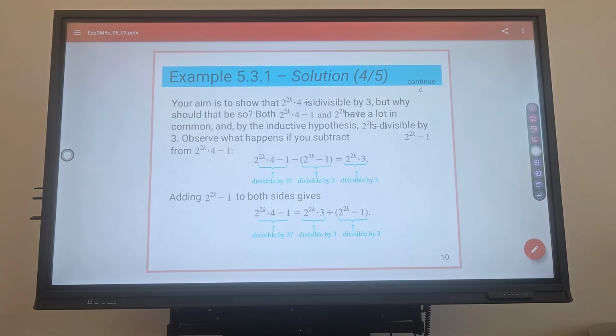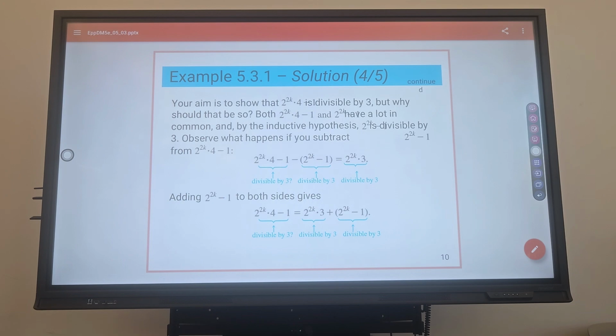Both 2 to the 2k times 4 minus 1 and 2 to the 2k minus 1 have a lot in common, and by the inductive hypothesis, 2 to the 2k minus 1 is divisible by 3. Now, see what happens when you subtract 2 to the 2k minus 1 from 2 to the 2k times 4 minus 1.